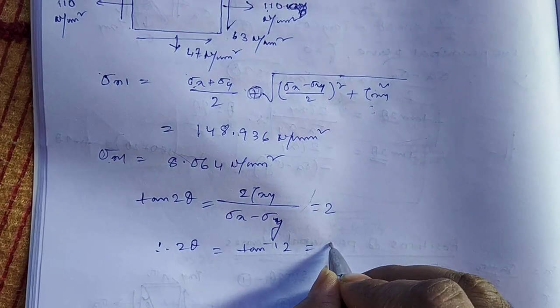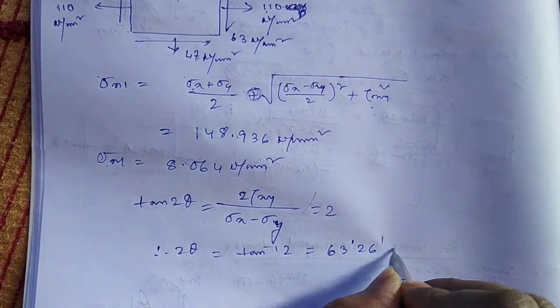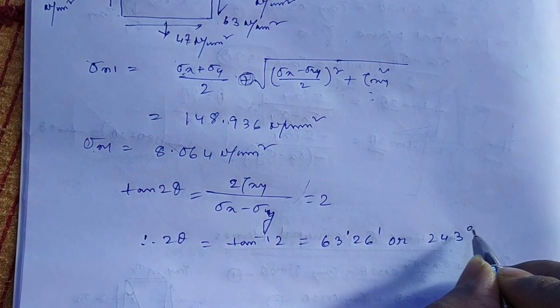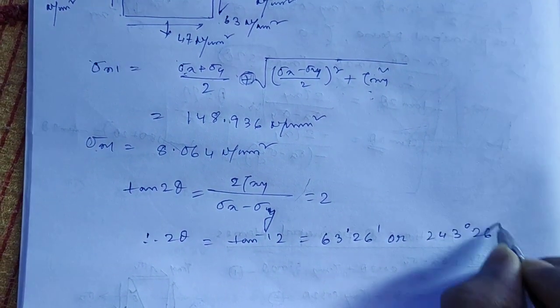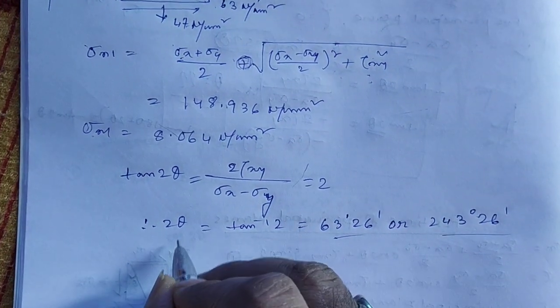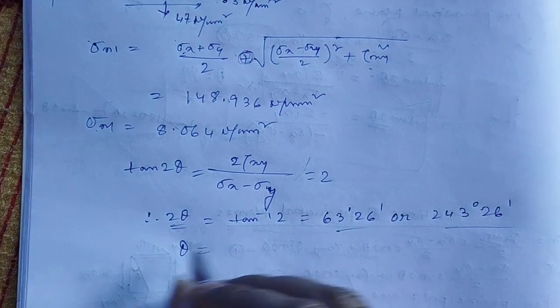This will give you two values, 63 degree 26 minute or 243 degree 26 minute. So for these two cases we will be getting the value of theta twice.